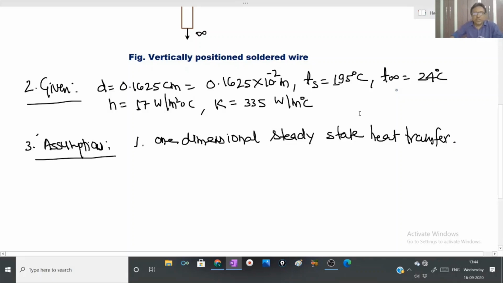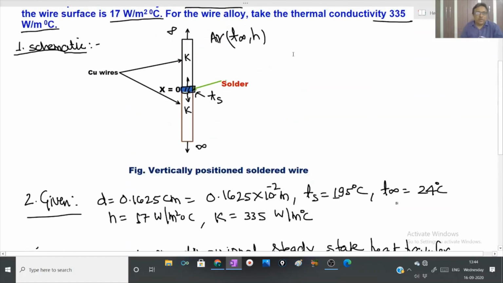If we assume steady state heat transfer, the rate at which heat is required to melt the solder will be the rate of heat transfer from these two fins under steady state conditions. So if we could calculate the rate of heat transfer dissipated by these two fins, that will be the rate of heat required to melt the solder and to join the copper wires.